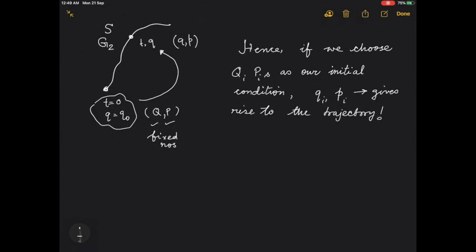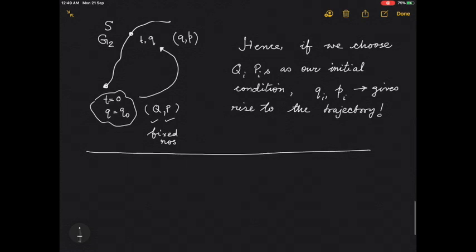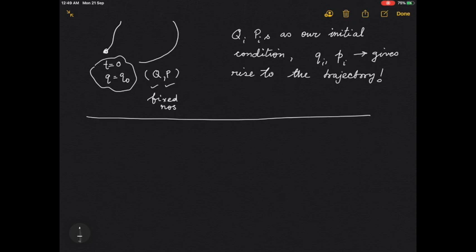And if I know that single function, I can now find out the trajectory. Okay, so this method is called Hamilton-Jacobi theory, and this equation, which I'll write down now more explicitly, is called the Hamilton-Jacobi equation. So let me write it in terms of S, because that is what people write usually.